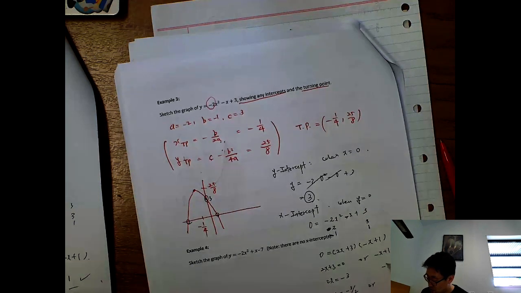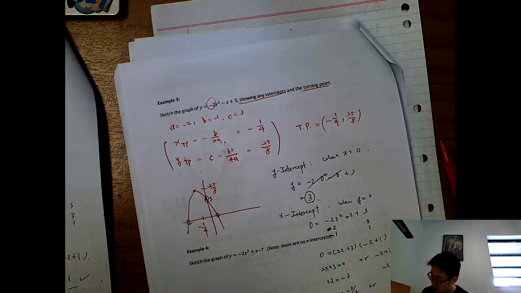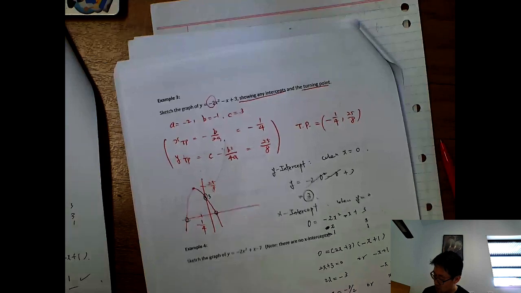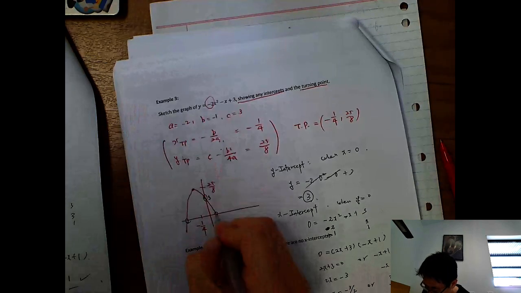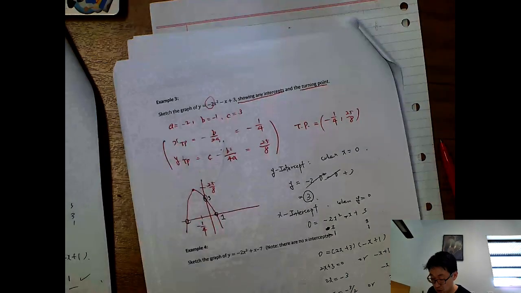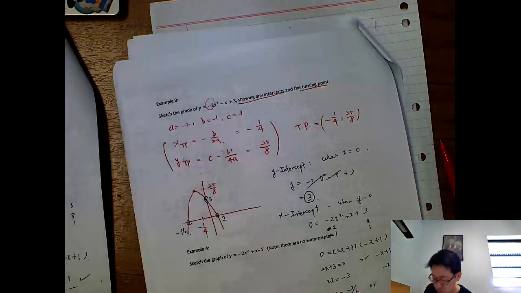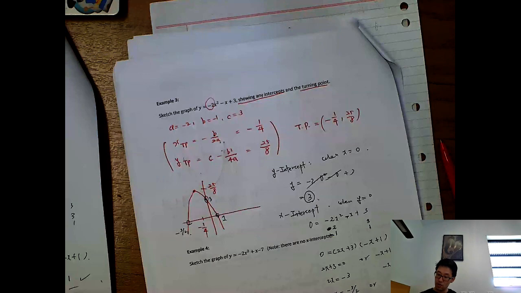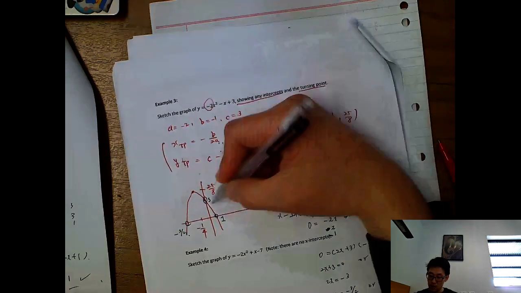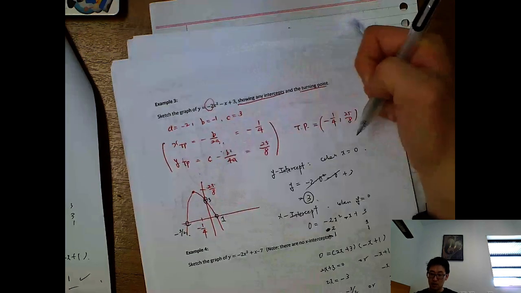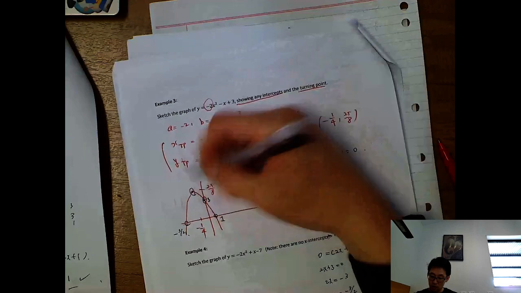Or minus x equals minus 1, so x equals 1. So there are two. Here, x is 1. Your drawing was pretty okay then. And minus 3/2. Good. So I have covered the y-intercept, x-intercept, and turning point.